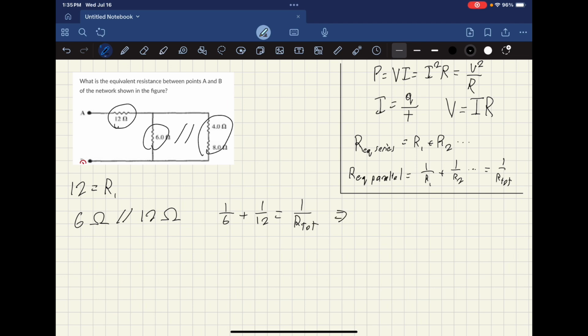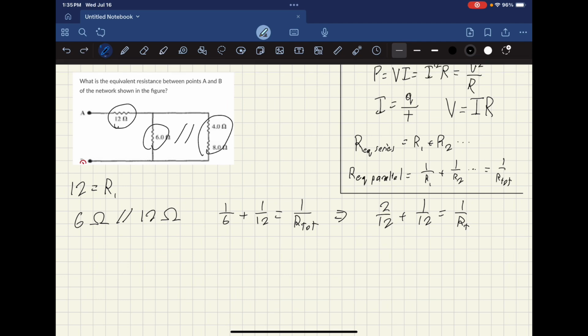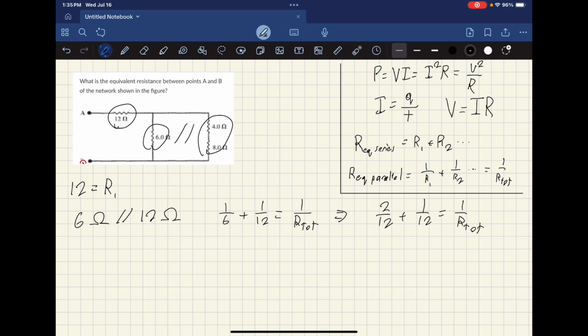This can be simplified to 2/12 plus 1/12 equals 1 over our total. So then we have 3/12 equals 1 over our total. Then we can just invert both of them to get our R total for the resistors in parallel equals 12 over 3, which equals 4 ohms.